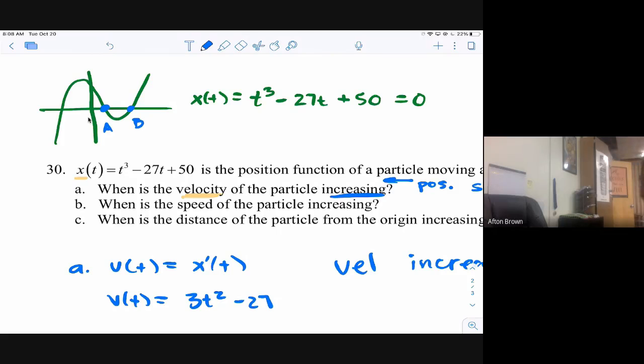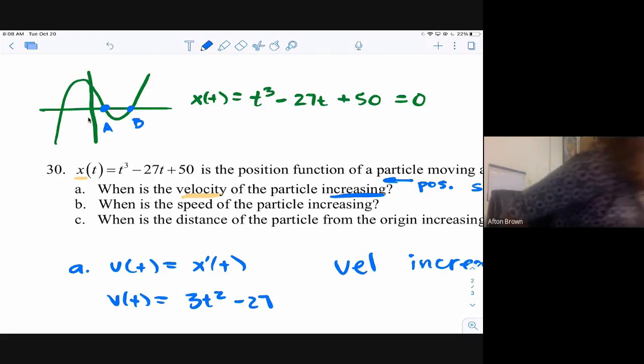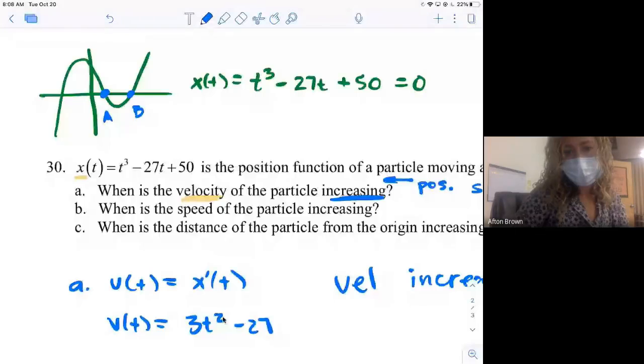I want to show you one thing about storing values. So I'm going to switch this really quick so I can share this.